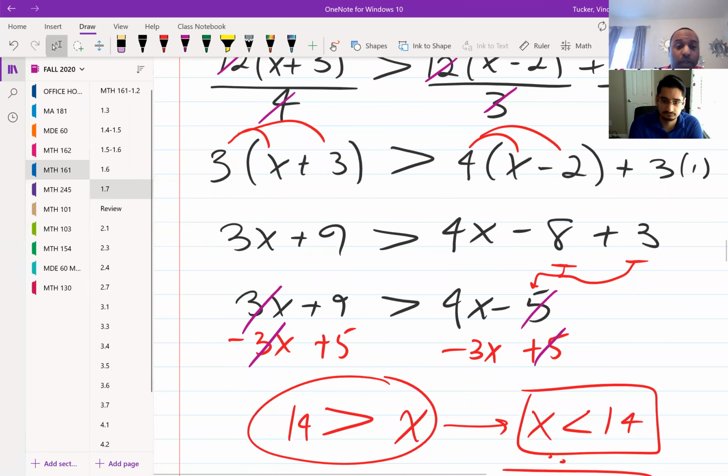That'll give me 14 is greater than x. But my MyMathLab more than likely wants the x on the left side. So if you need to flip your expression, just make sure that if the mouth is open towards the 14 here, it is open towards the 14 on the other side as well when you flip it. You just have to be consistent with the flipping of your expression.